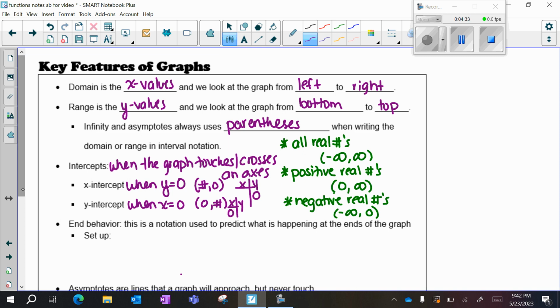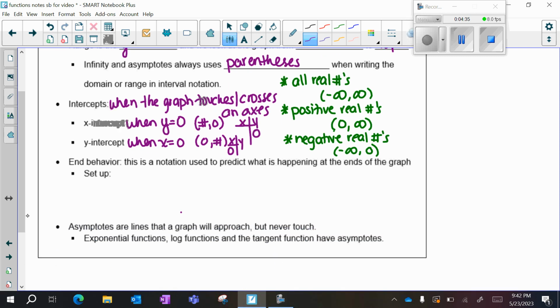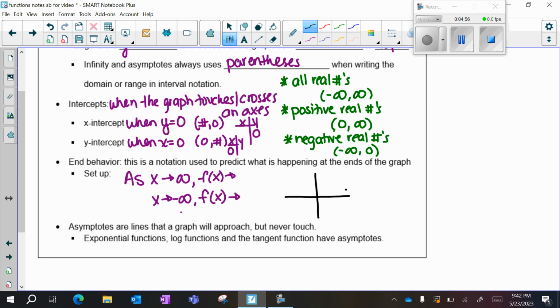End behavior. Your setup is as x goes to infinity, f of x goes to, and then you fill in the blank. And as x goes to negative infinity, f of x goes to blank, and you're going to fill it in. Remember, here's my graph.